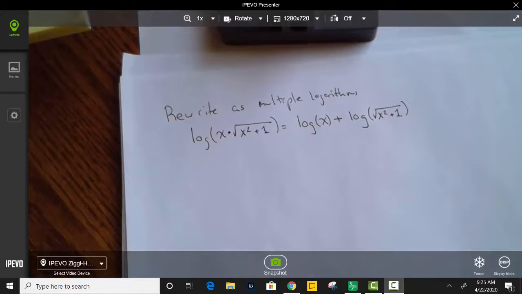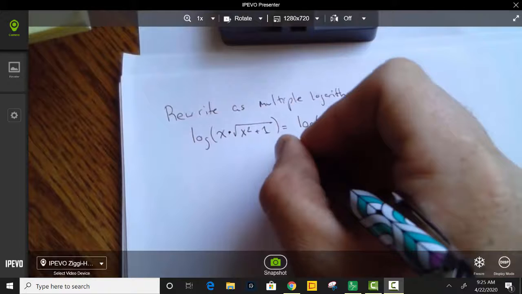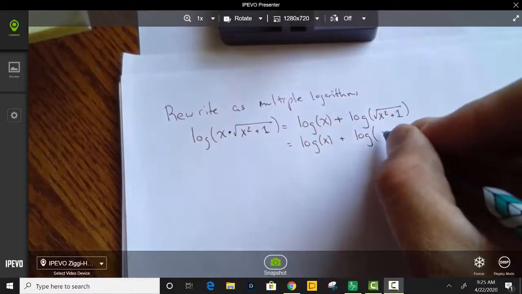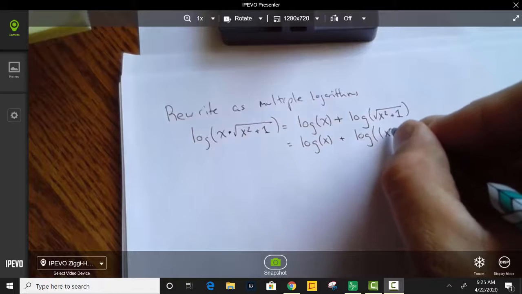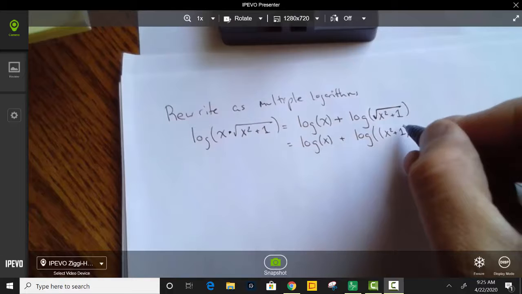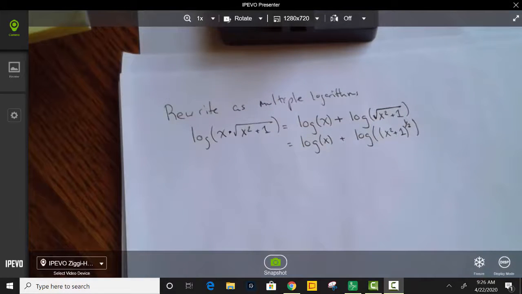Now, you'd be tempted to say that's the answer, but it actually goes a little bit further. This goes back to a property we did a while back, in Algebra 2, that says when you have a square root, that's the same as raising it to the 1/2 power.